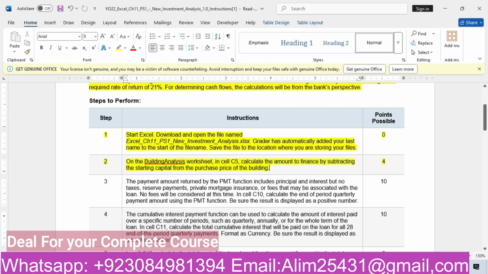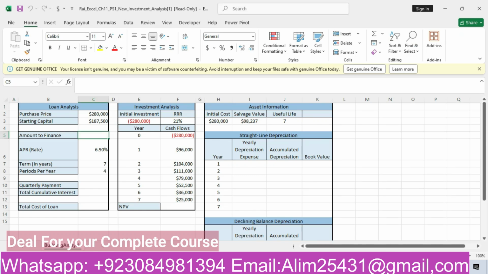In the second step, he is asking, on the Building Analysis worksheet in the cell C5, calculate the amount to finance by subtracting the starting capital from the purchase price of the building. So we will go to the cell C5.